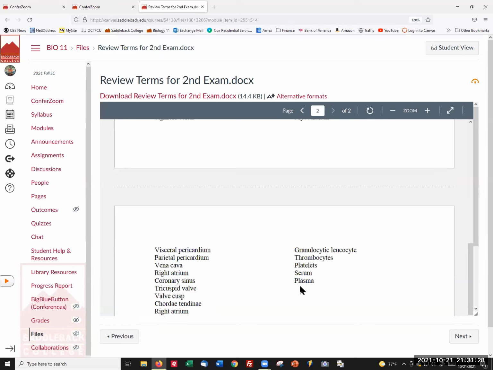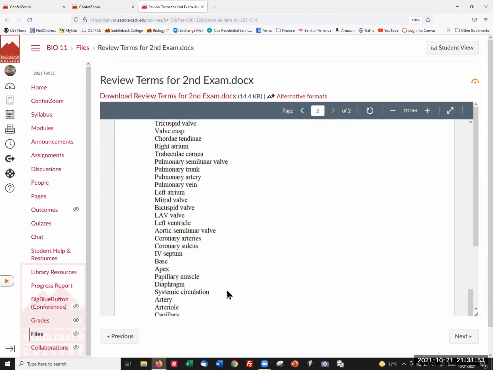Okay, so the indented items that I just showed you had terms in them, and these terms need to be understood. So if you understand these terms, you're not going to have to write a definition. You're going to have to pick one of the choices. And if you know what the term is and it's involved in the question, you should be able to get it right. These are the terms.